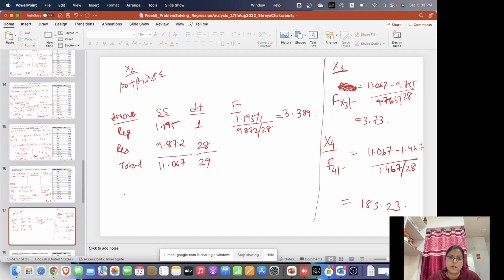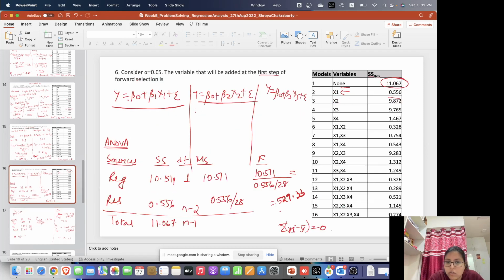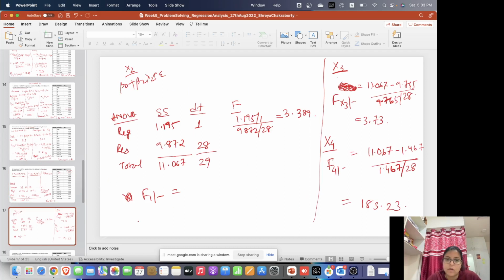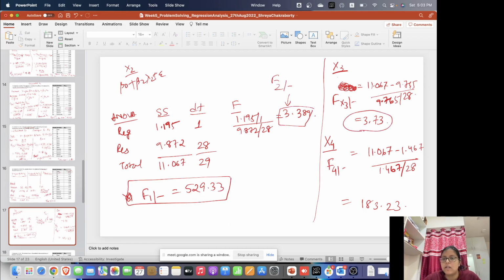And due to x1, we had, so F1 when nothing was present was how much? 529.33. So then we'll look at these values. This is F2 when nothing is present, this one, this value, and this value.